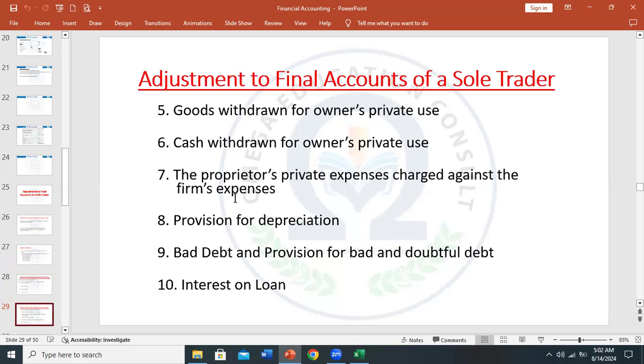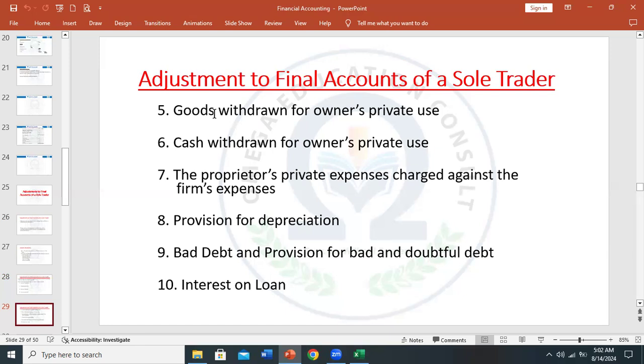And I want to believe we are all aware that anytime the concept of owner's private use comes into the picture, then recognition is given to drawings, right? So this is to inform you that some of the drawings may be in the form of goods.